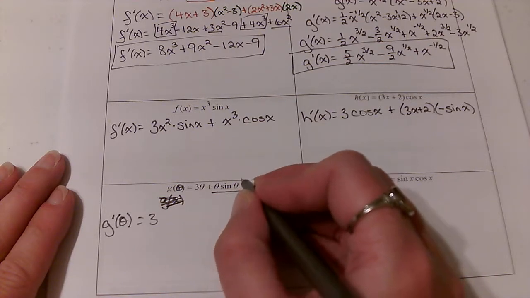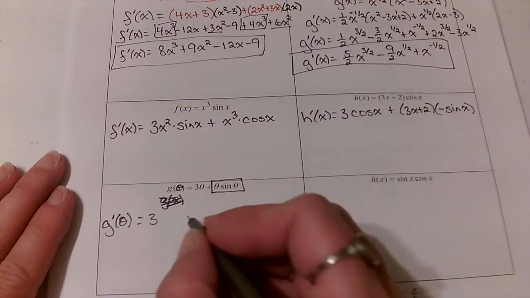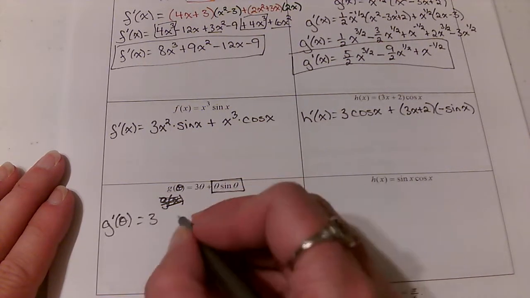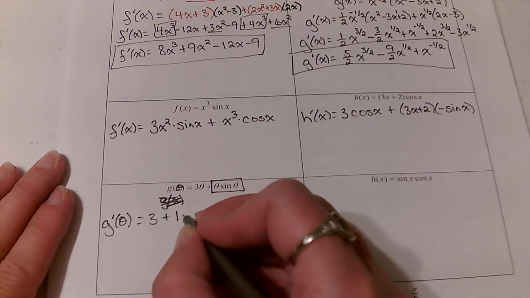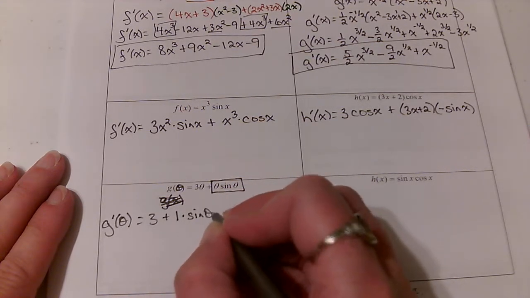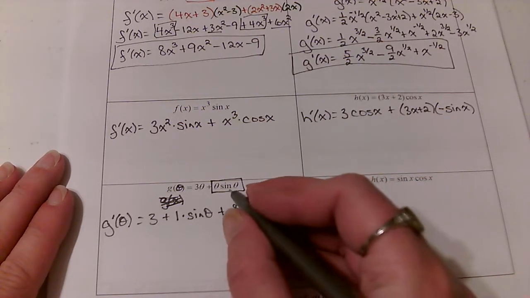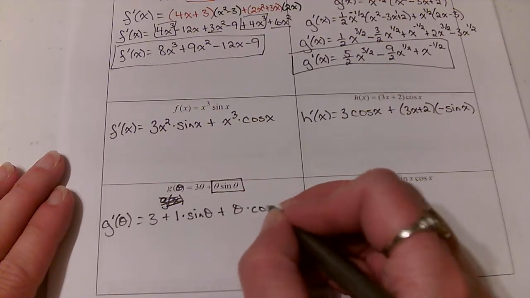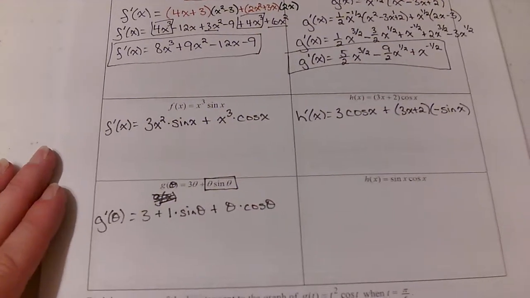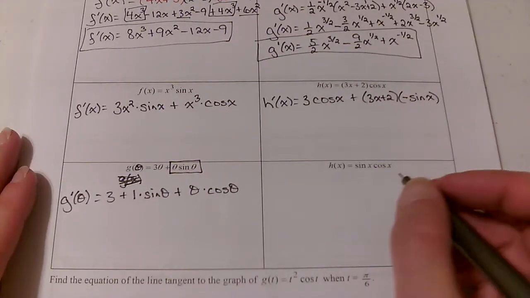This I can use the product rule on. So derivative of theta would be 1 times sine, just like it is, plus theta in its originality times the derivative of sine, which is cosine. Ooh, that's nice. How about over here?